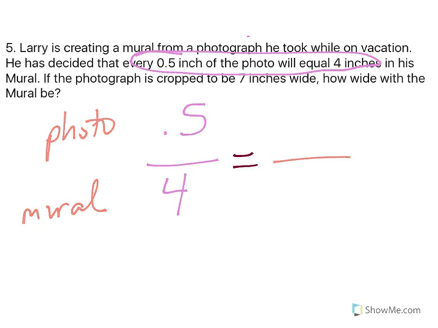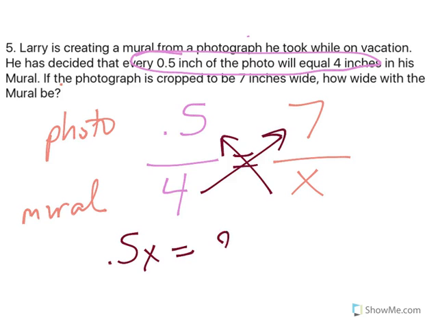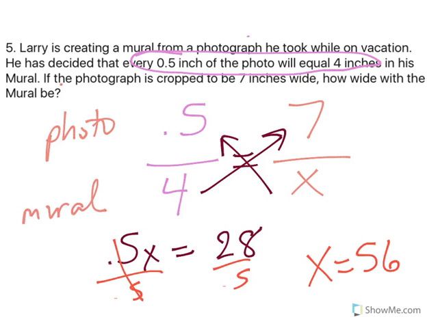Well, they said if the photograph is cropped to be 7 inches wide, that's the photo, so that goes on top. What's going to be on the bottom? So I will have 0.5x equals 28. Divide both sides by 0.5, and x equals 56 inches. So our mural will be 56 inches wide.